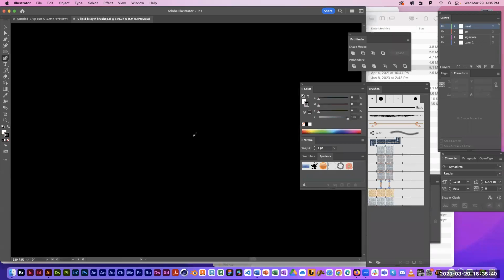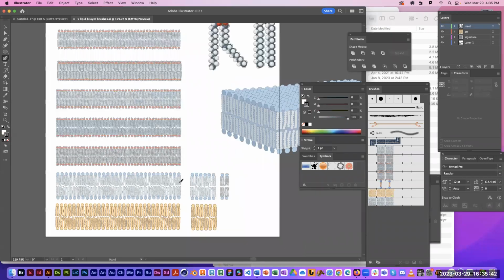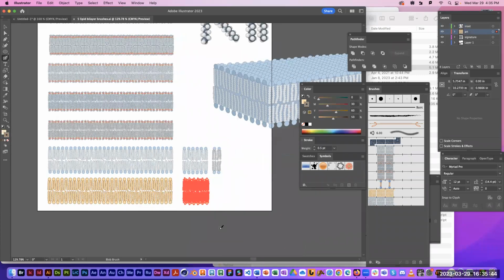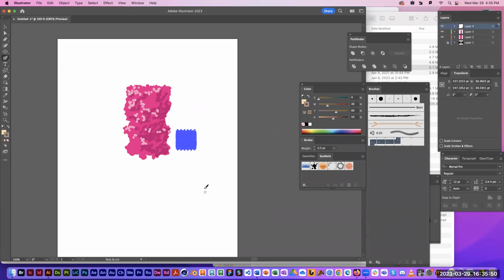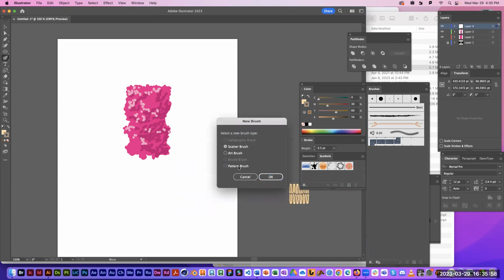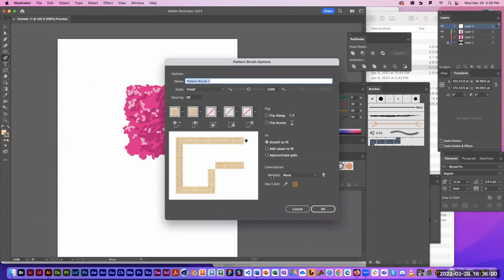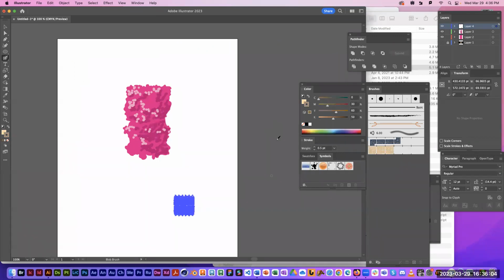My lipid bilayer brushes, probably pick this one. So I can just copy the shapes that are used for the brush, paste that in here, and then drag it into my brushes palette. Give it a name.